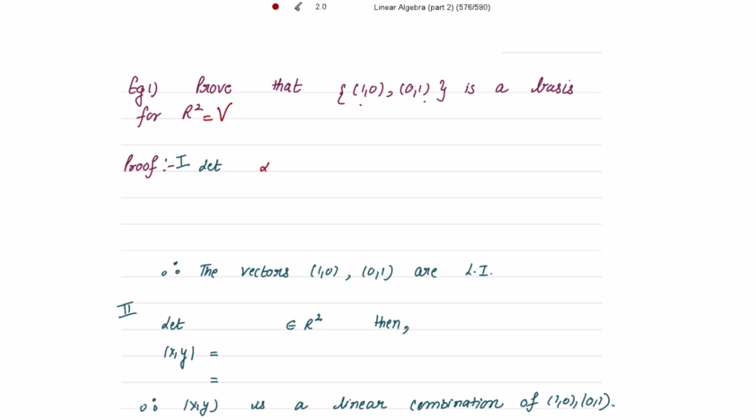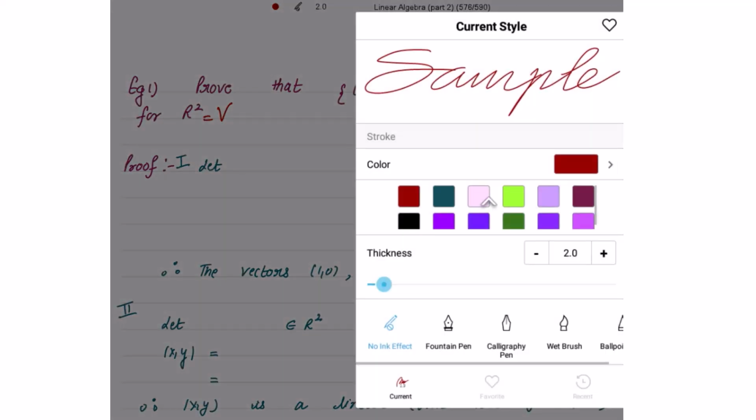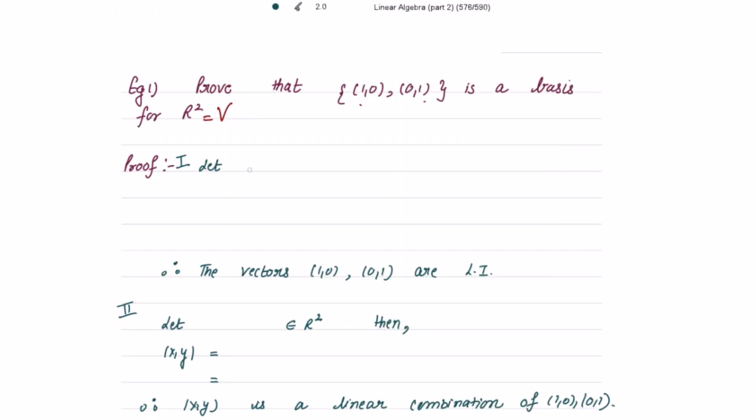So let's take the linear combination first. Let alpha (1,0) plus beta (0,1) is equal to (0,0). Fine, I have written these vectors as the linear combination with scalars alpha and beta.